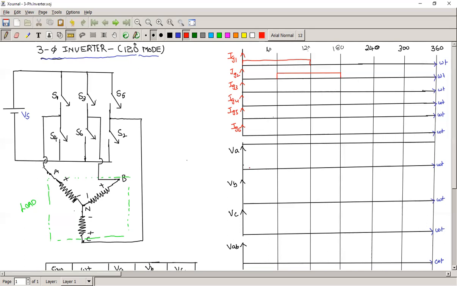Whenever the gate voltage is applied, the switch is on. When the gate voltage is 0, the switch is off.